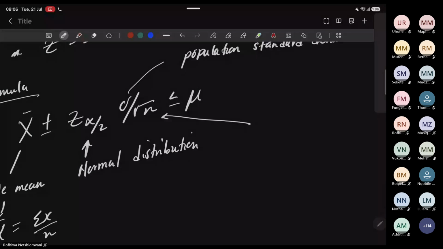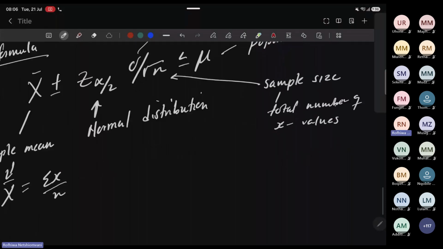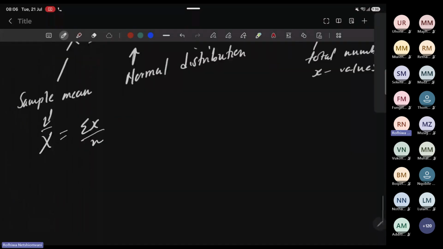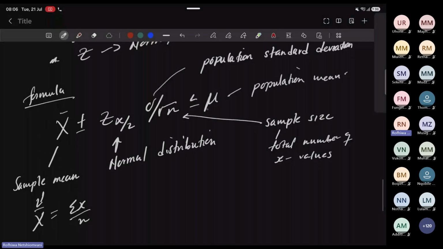Then this will be the same as first semester, which is the sample size, meaning the total number of X values, so let's add them and get the total. Then this will be the population mean. When I first met you in first semester, I told you that you will never be asked to calculate the population mean. So this will always stay in the formula.